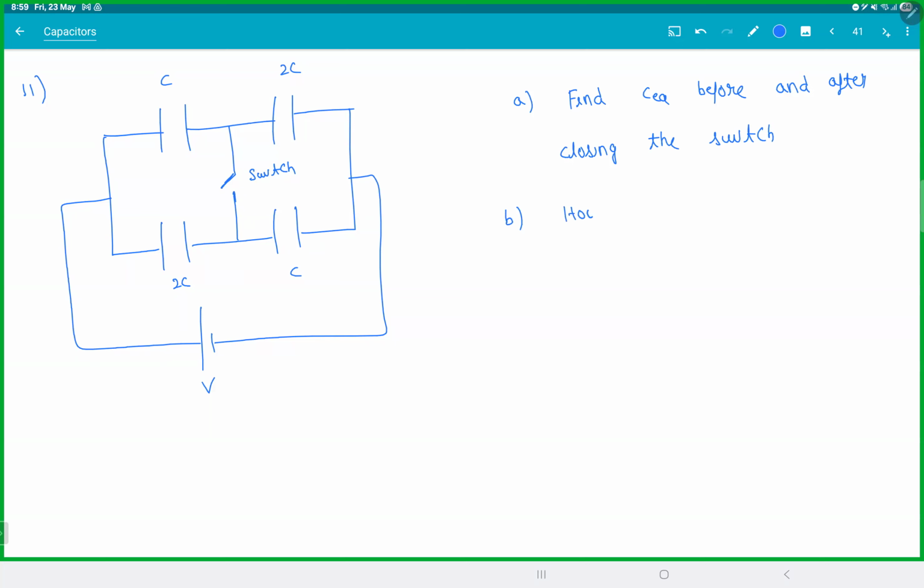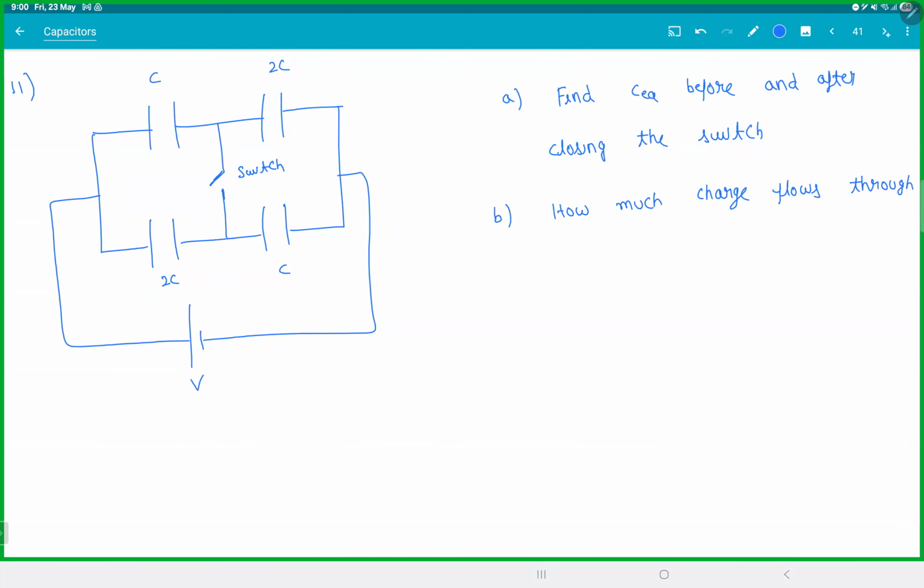Second question, how much charge flows through the switch when it is closed? This would still be a mains question, a little tougher one. When you close the switch, how much charge went through the switch? Find the heat produced when the switch is closed.